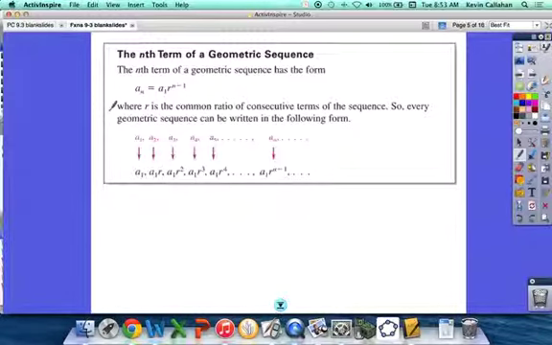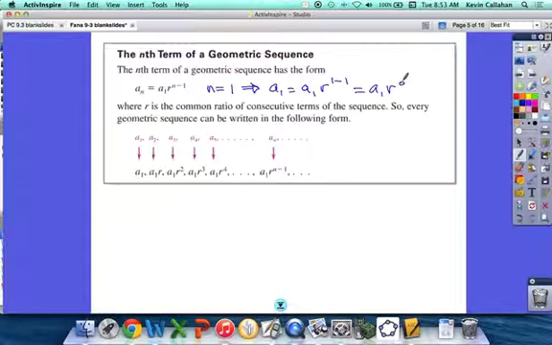Okay. Using that formula, if I want to find the first term, then what would n equal? 1, right? If I substitute n equals 1, notice what happens. Then I get A1 equals A1 R to the 1 minus 1, which is A1 R to the 0.